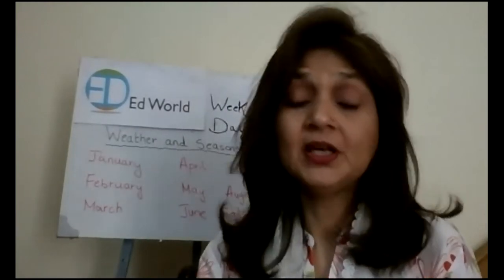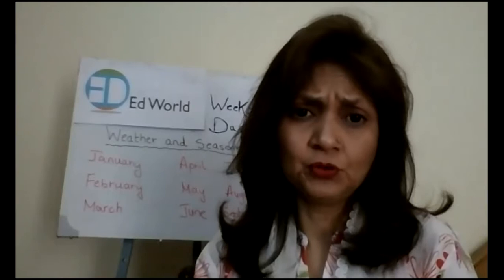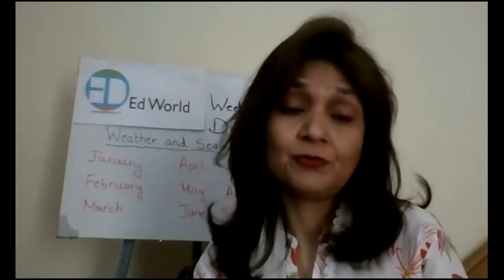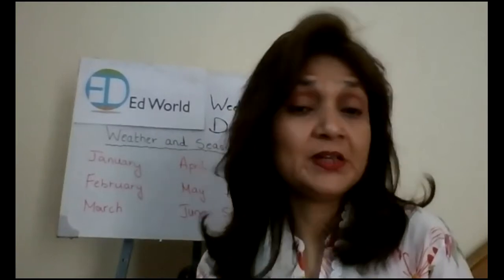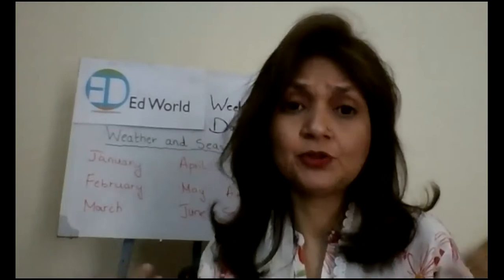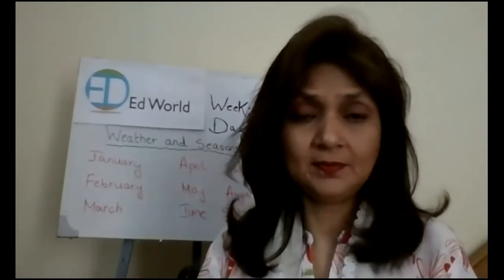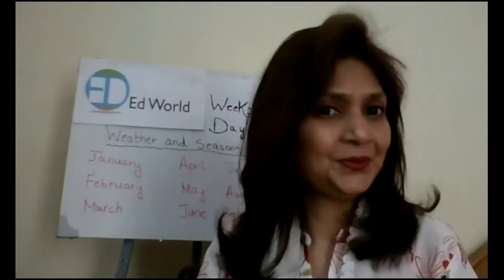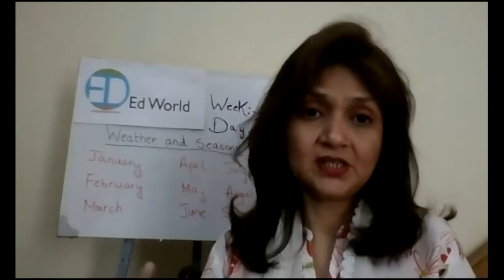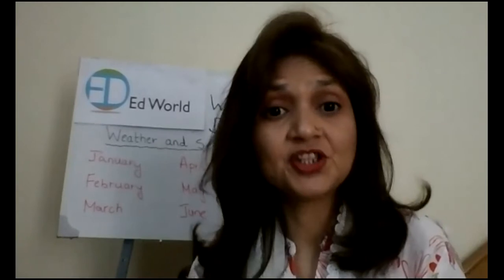Wow, very good. So, what type of clothes do you wear on your birthday? You like to wear new dresses, of course. But which type of clothes do you wear? Do you wear short sleeves? Do you wear shorts? No. You wear warm clothes. You wear sweaters, cardigans, coats, jackets.